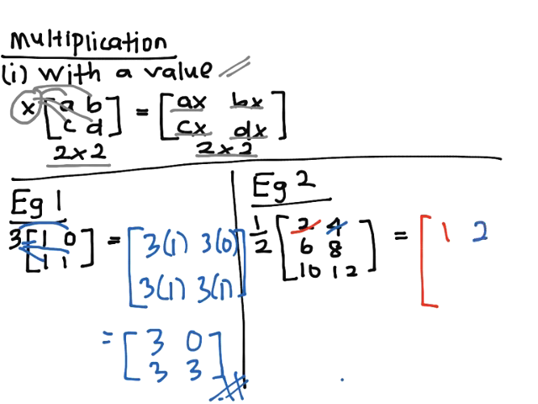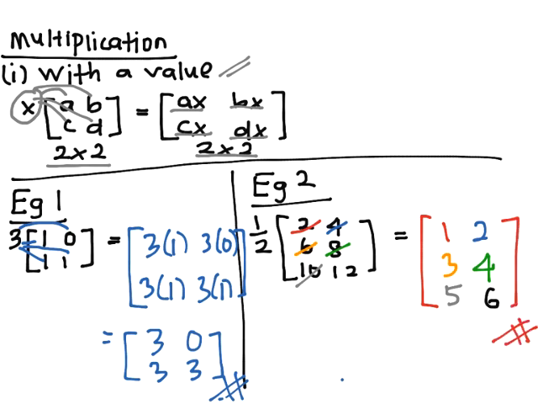The third position, 1 over 2 multiplied with 6, gives 3. Fourth position, 1 over 2 multiplied with 8, gives 4. Then 1 over 2 multiplied with 10 gives 5. And the last one, 1 over 2 multiplied with 12 gives 6. So that is our final answer.